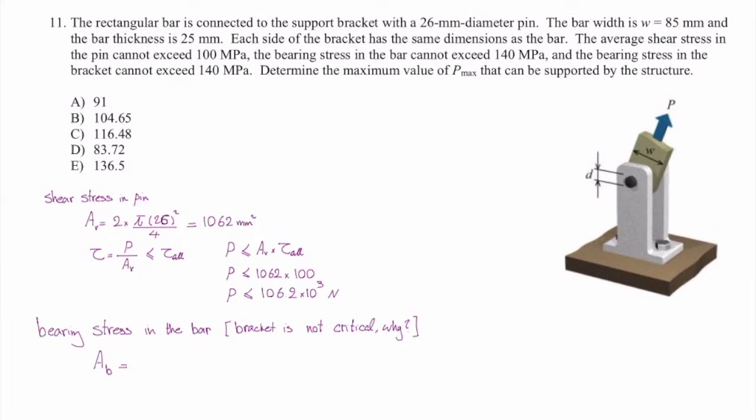What area should I consider here? The area of bearing stress is always diameter of the hole times the thickness. So here, D times T. Diameter is 26 millimeter, thickness is 25, and that gives me 650 square millimeter.